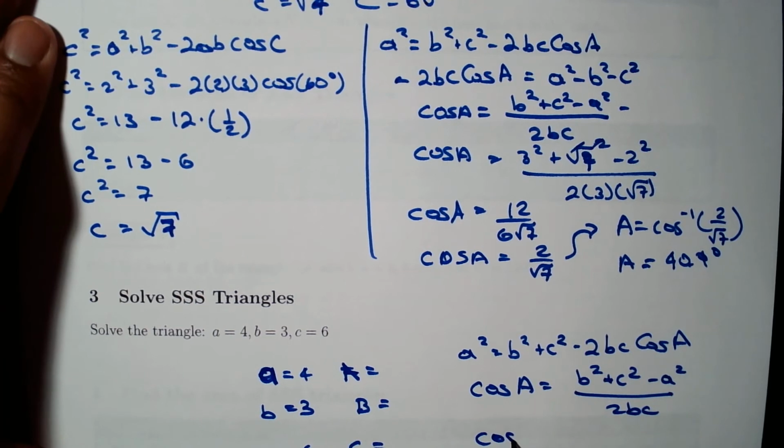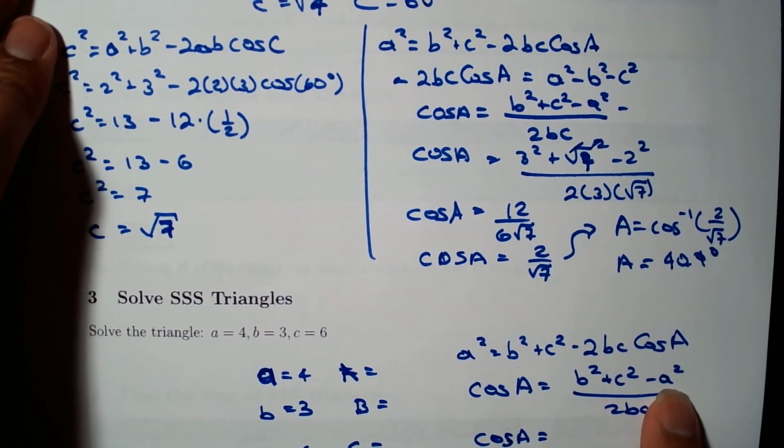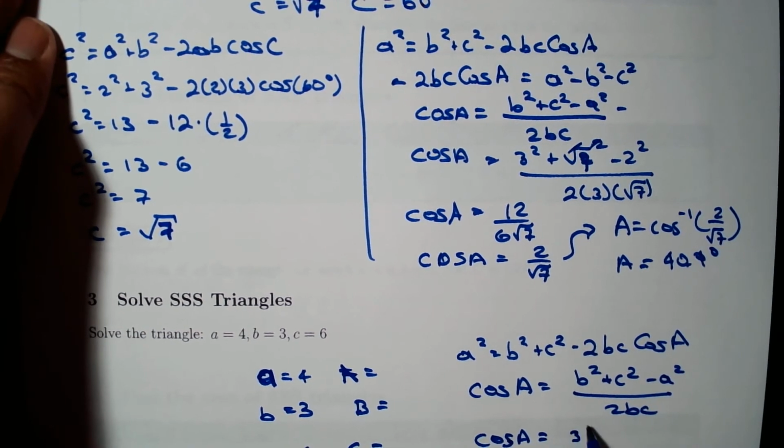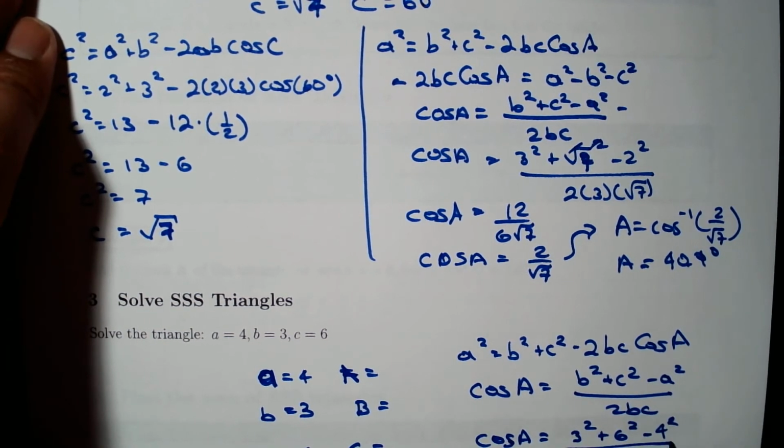And cosine of A equals, B squared, C squared, A squared, so that's 3 squared plus 6 squared minus 4 squared over 2 times 3 times C, which is 6.